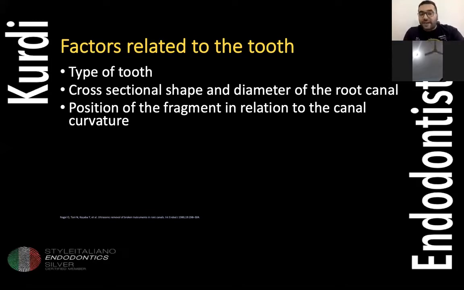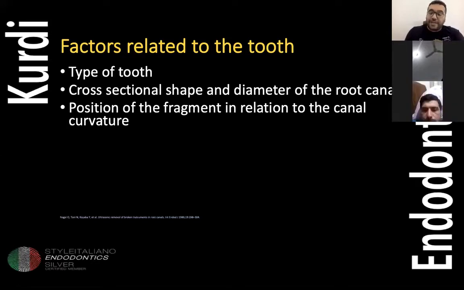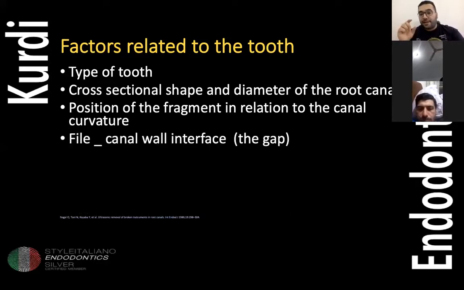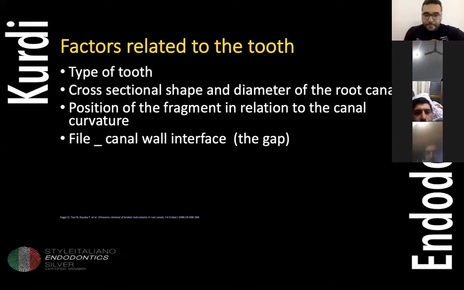Also, an important factor is the position of the fragment in relation to the canal curvature. And here we have to stop for a little time. Once upon a time, we did divide the separated file cases into separated file in the coronal third, separated file in the middle third, separated file in the apical 1/3.